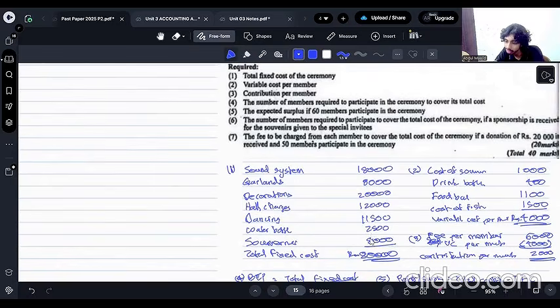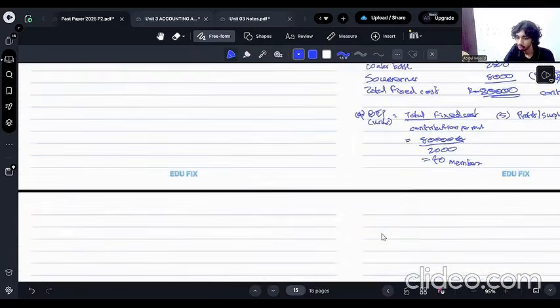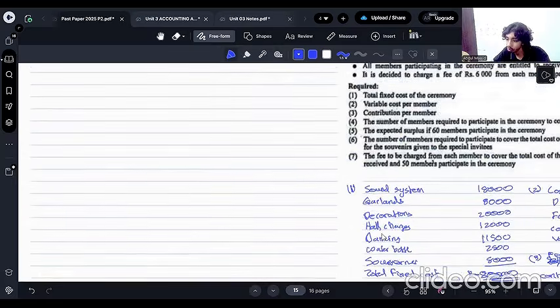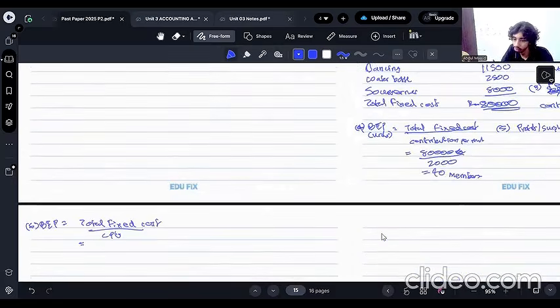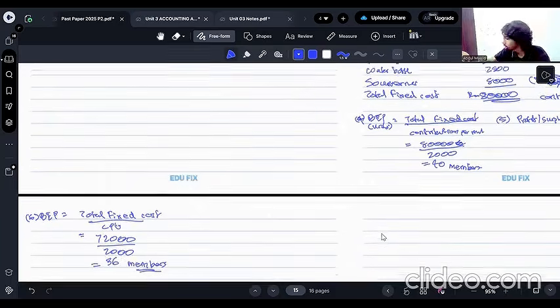Break-even point equals total fixed cost divided by contribution per member. Total fixed cost now will be 80,000 minus this 8,000, that is 72,000. Contribution per unit is 2,000. Now 36 members should participate for you to break even, to come to a situation of no profit or loss to cover your total cost.